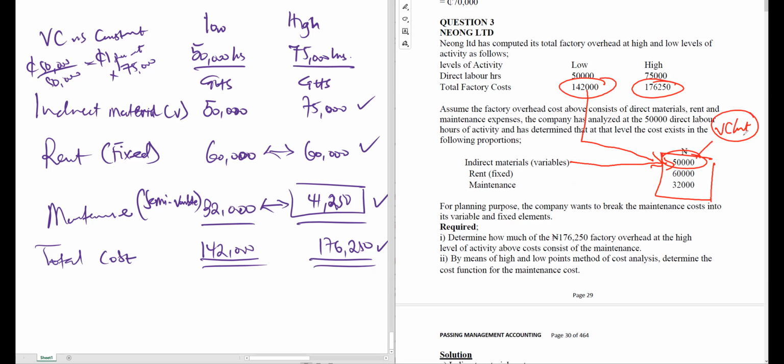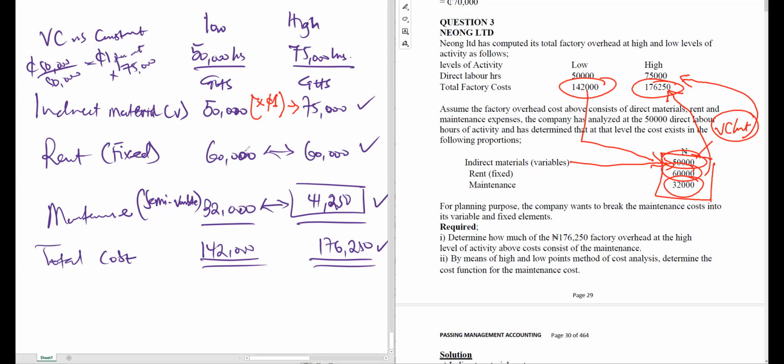Which is constant. True or false? And once we get it, we can multiply by the number of units and we can get the cost in there.